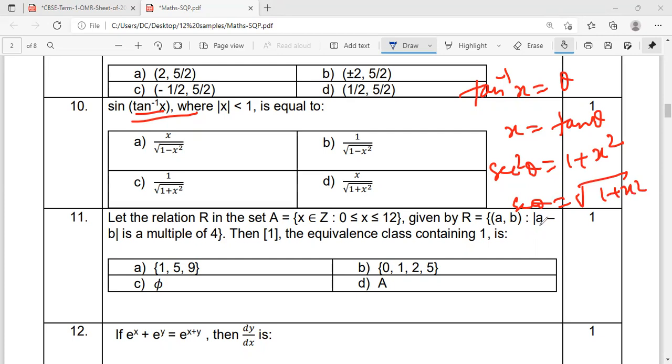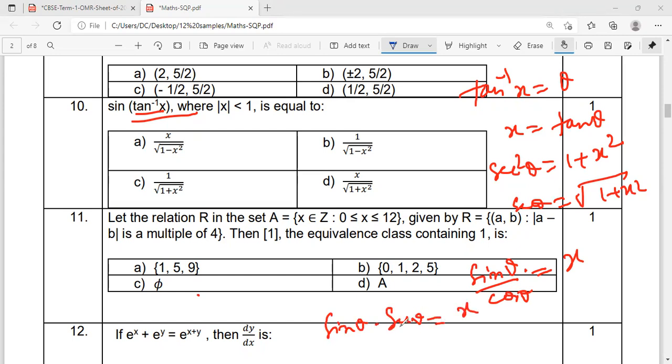Now, what would be sine theta? Sine theta can be written as sine theta into cos theta by cos theta, no? Sine theta by cos theta is equal to tan theta, which is x. Now, sine theta into 1 by cos can be written as sine theta into sec theta, which is equal to x.